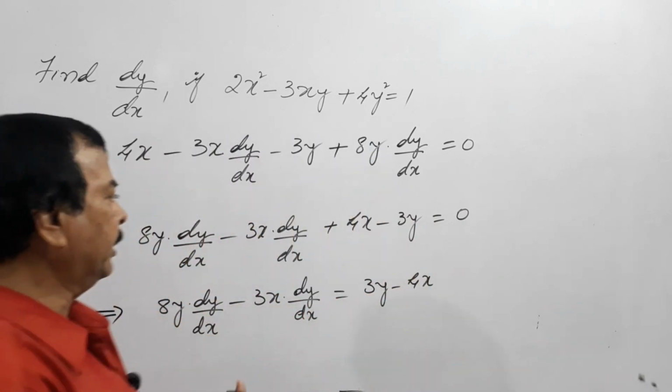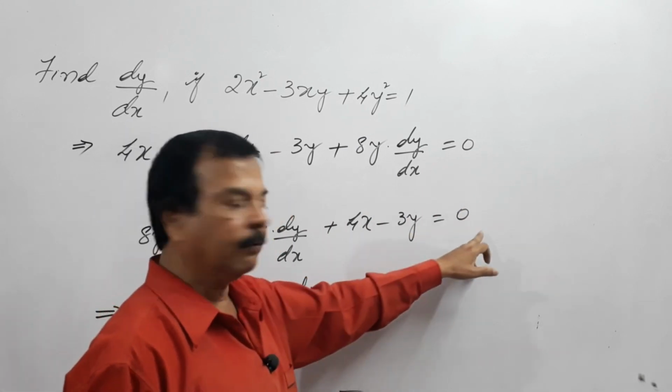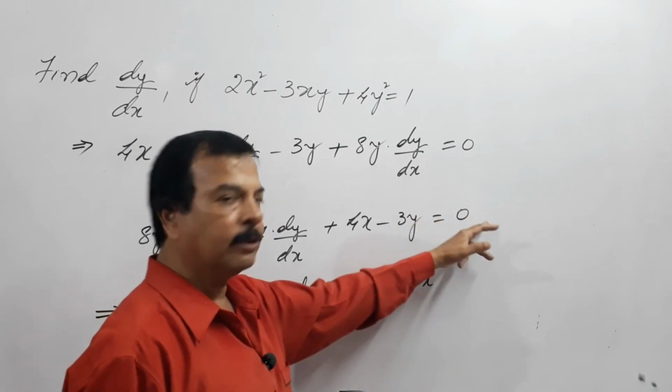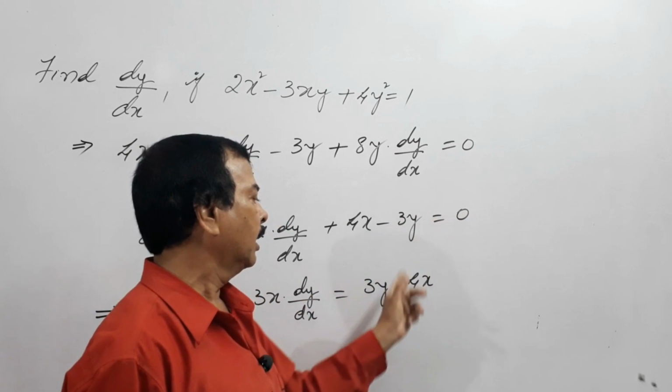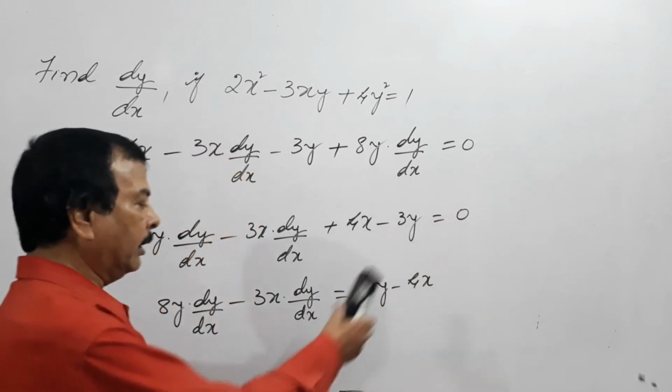The moment you send this to the right hand side, plus 4x becomes minus 4x, and minus 3y becomes plus 3y. Instead of writing minus 4x plus 3y, I have written 3y minus 4x. Both are the same, only the sign changes.